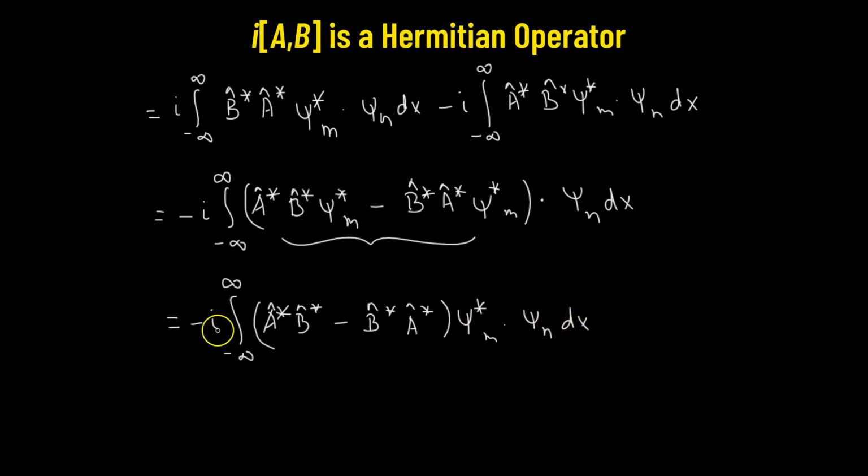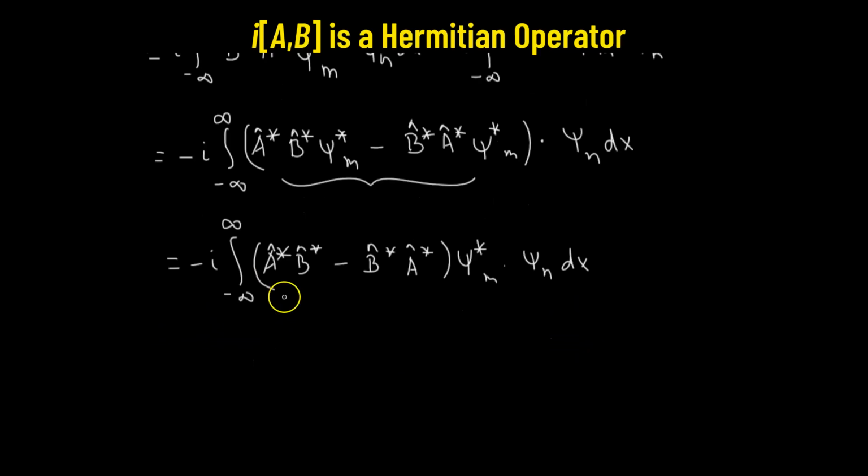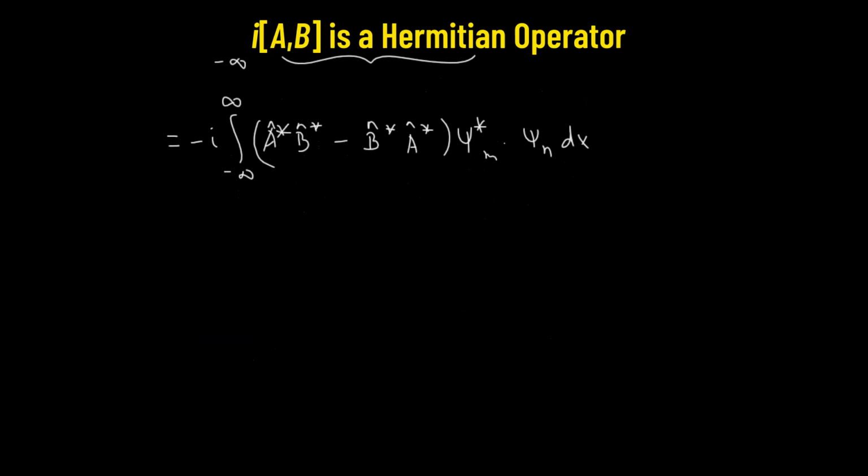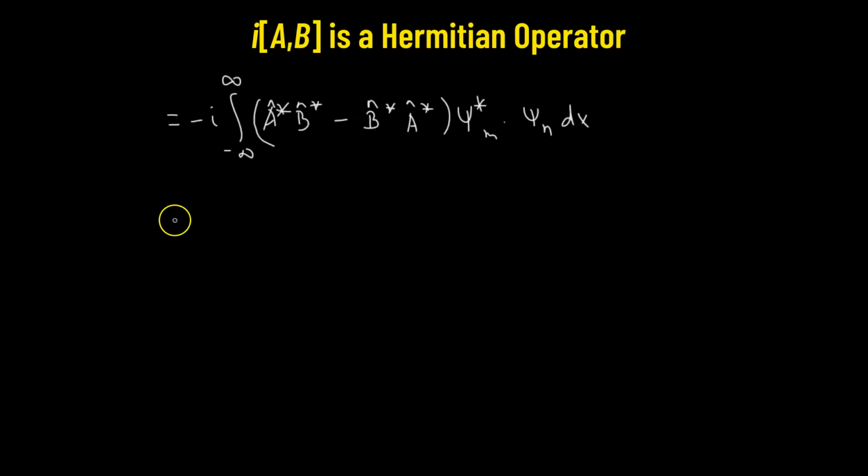Now if we take the negative i inside, since i is simply a number, then we will have the integral from negative infinity to positive infinity. Negative i we'll just write as i times (AB minus BA), and then we take the conjugate of this entire thing.